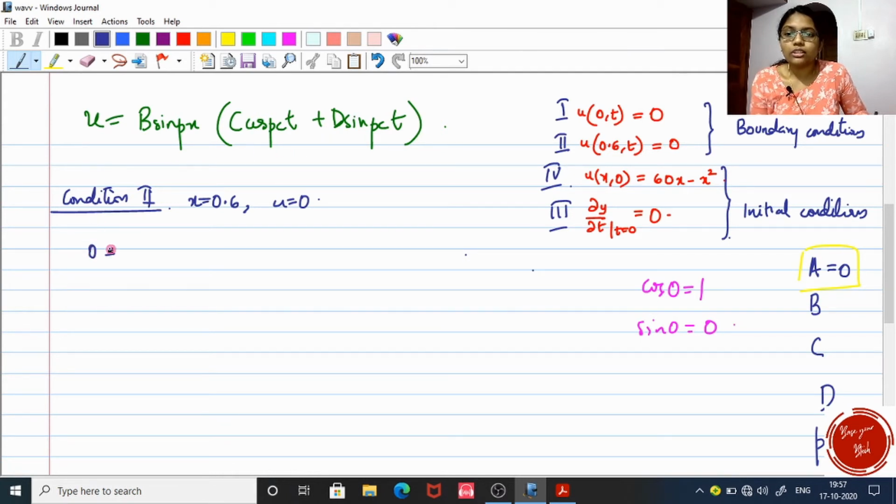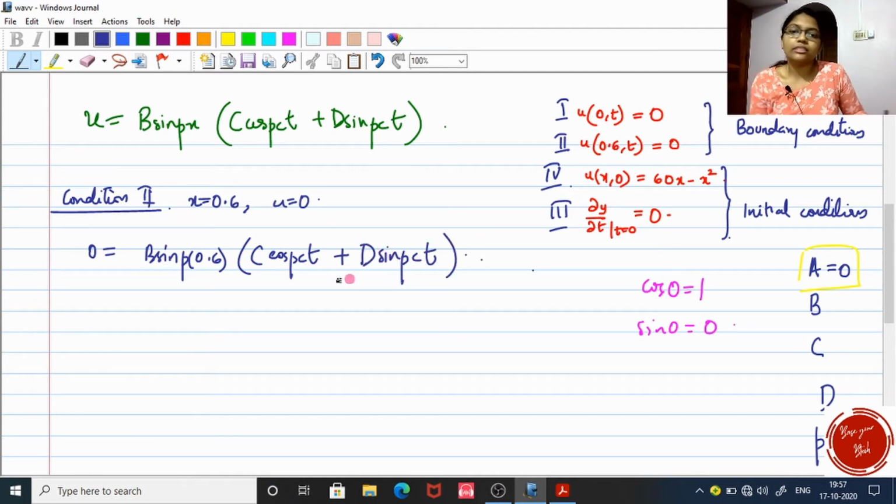So 0 is equal to b sin p into 0.6 and again c cos pct plus d sin pct. Again which value is going to be 0? We have said that this is never going to be 0. That means 0 is equal to b sin p of 0.6.